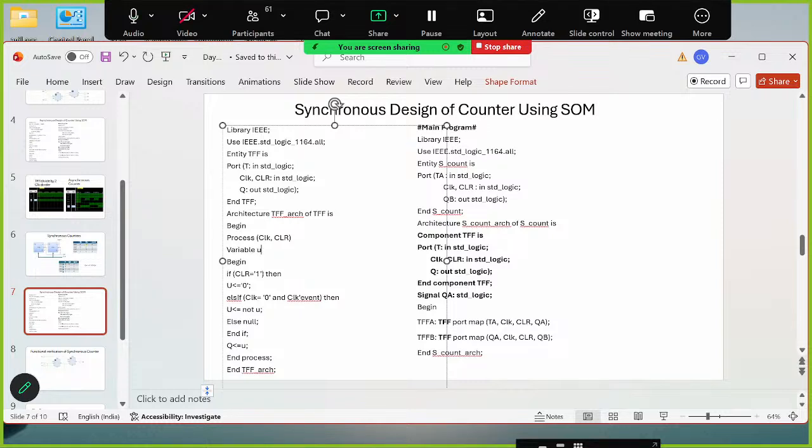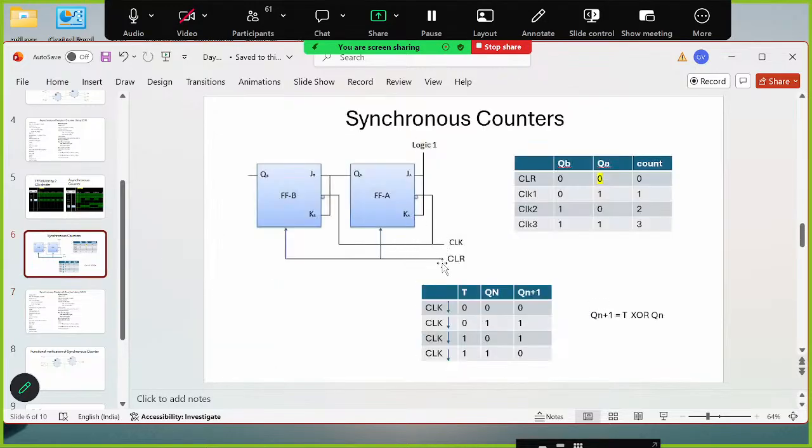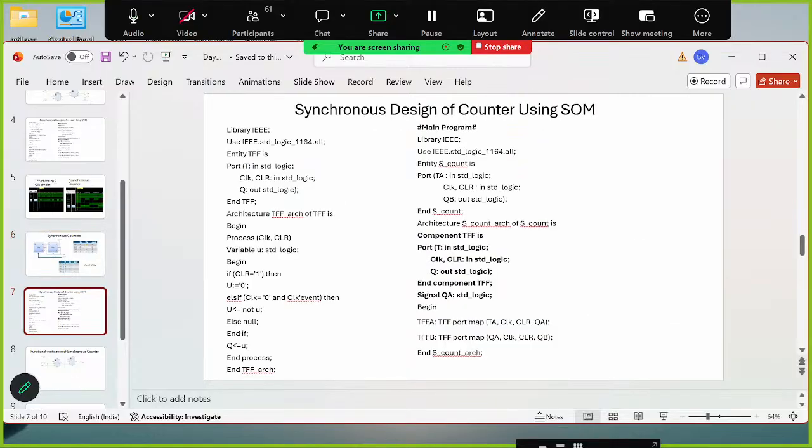Variable u of type std_logic. Initially, as per this diagram, when clear is 1, outputs are reset. Both the outputs are reset.